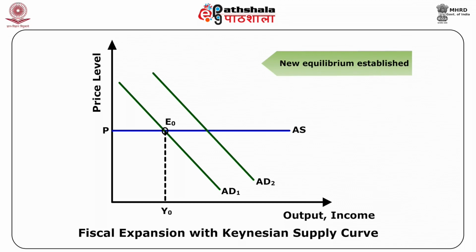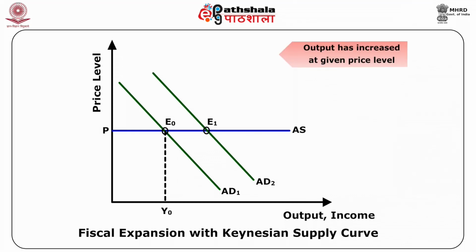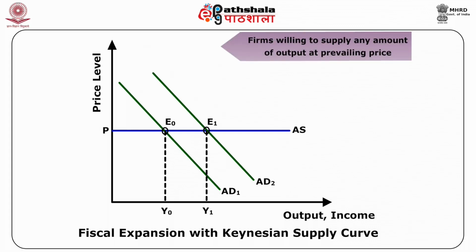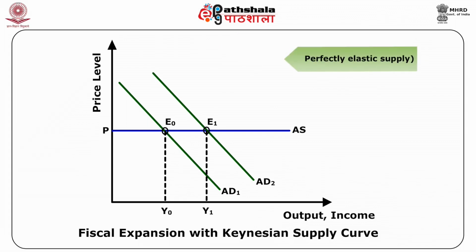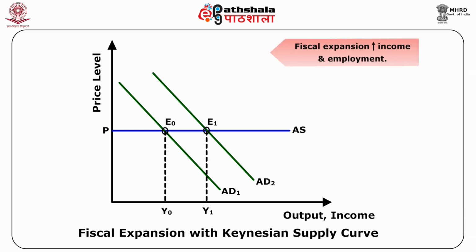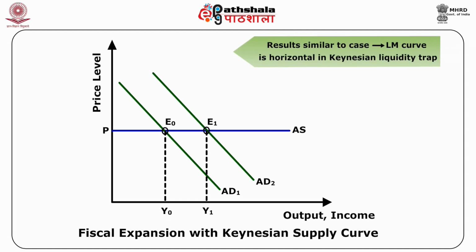The new equilibrium is established at E1, where output has increased to Y1 at the given price level. This is because the firms are willing to supply any amount of output at the prevailing price, that is, perfectly elastic supply. A fiscal expansion increases only income and employment. The results are similar to what we get when the LM curve is horizontal in the Keynesian liquidity trap.